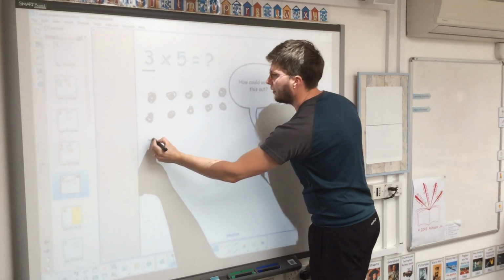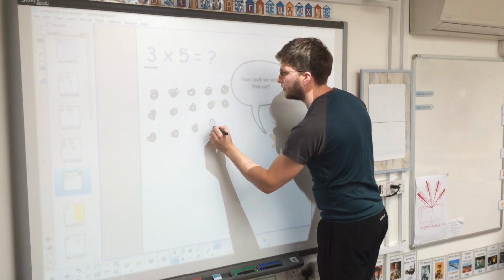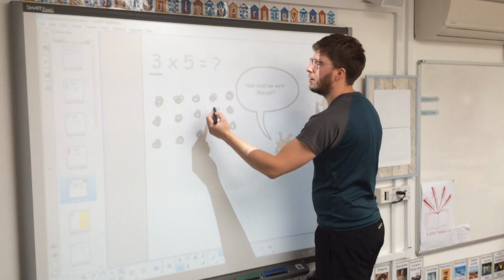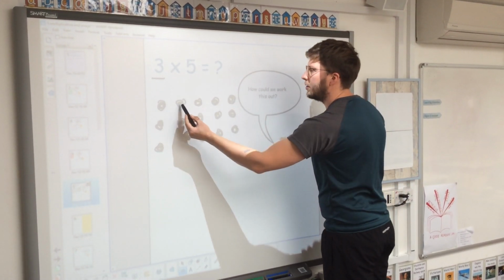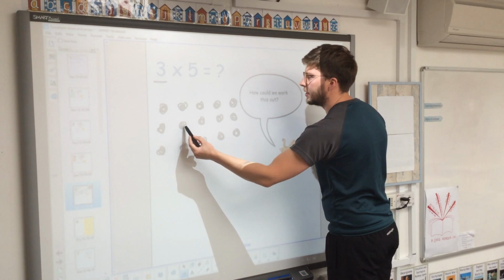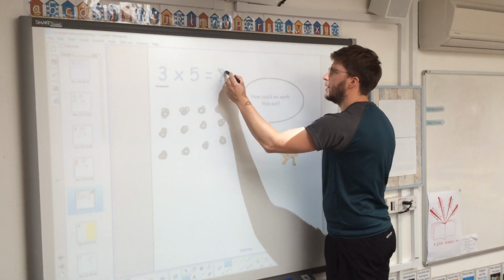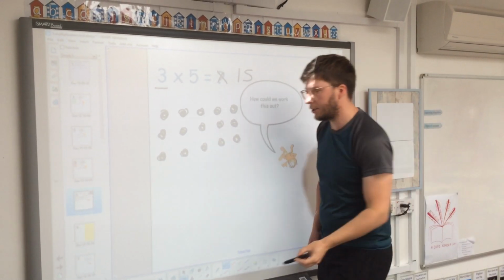That's 2 lots of 5. And then we need 1 more lot of 5. There we go. So 3 lots of 5. Not sure what the answer is. I'm going to count the dots to find out. 1, 2, 3, 4, 5, 6, 7, 8, 9, 10, 11, 12, 13, 14, 15. The answer is 15.